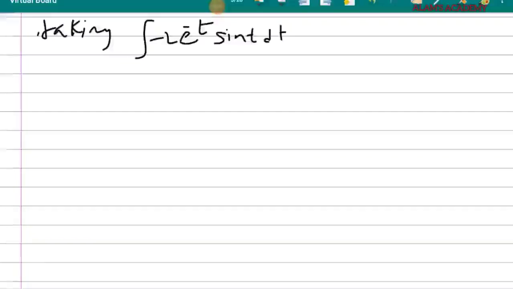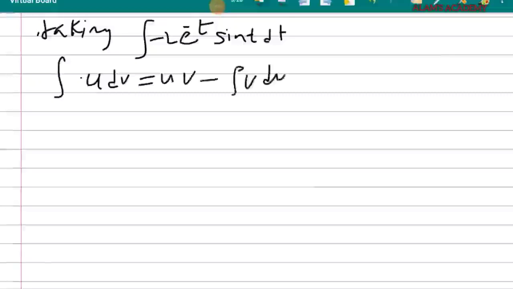So we integrate it. Now using integration by parts, the formula is the integral of u dv is equal to uv minus the integral of v du. So it is your choice to know which one you make as your u and which one you make as your dv. But make sure the one that you are making as your dv should be easy to integrate. Okay, should be easy to integrate.